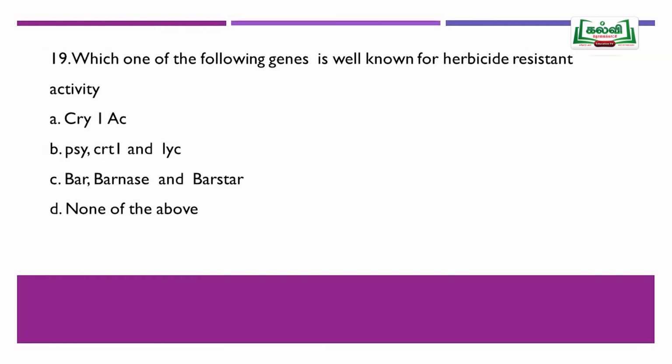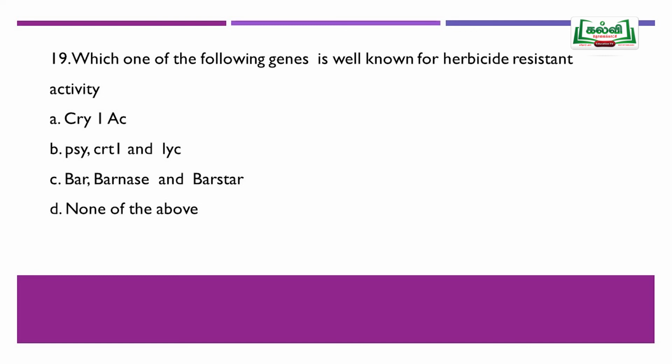The next question, which one of the following genes is well known for herbicide resistant activity? Okay. So, which genes are involved in herbicide resistant activity? CRY1A. This is a gene which is isolated from Bacillus thuringiensis, the Bt organism, especially to create an insect resistant plant.